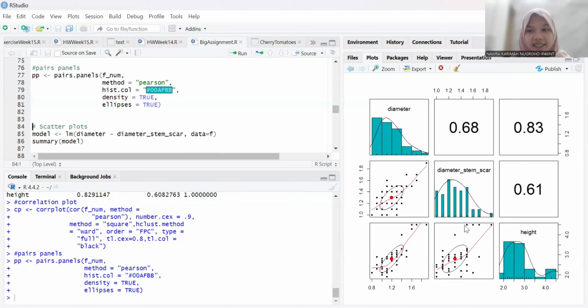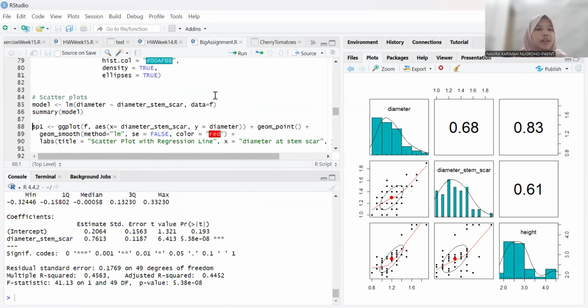We can see that the correlation coefficient of diameter versus height is 0.83, which indicates a strong positive correlation, while 0.68 and 0.61 coefficient correlations represent moderate positive. The next one is scatter plots, but before visualizing the scatter plots, I may have to model the scatter plot.